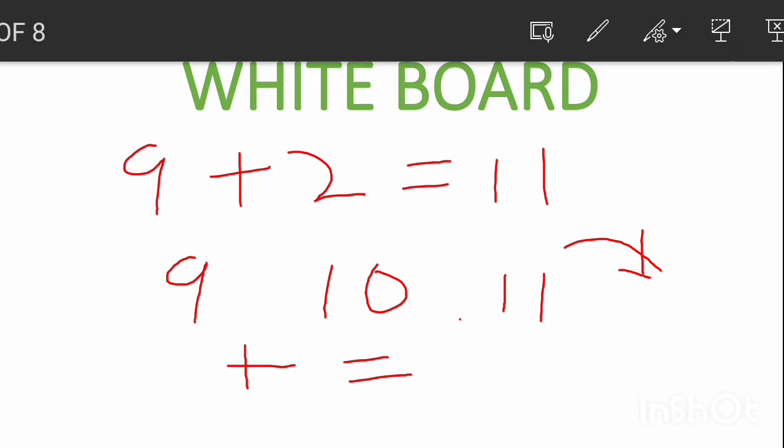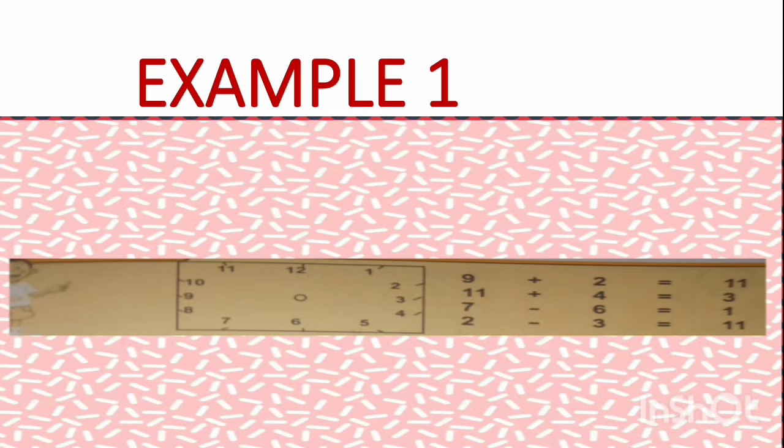Now, if you use the same method for the second number there, for this second number involving 11 plus 4, I think the result will be very easy to come by.